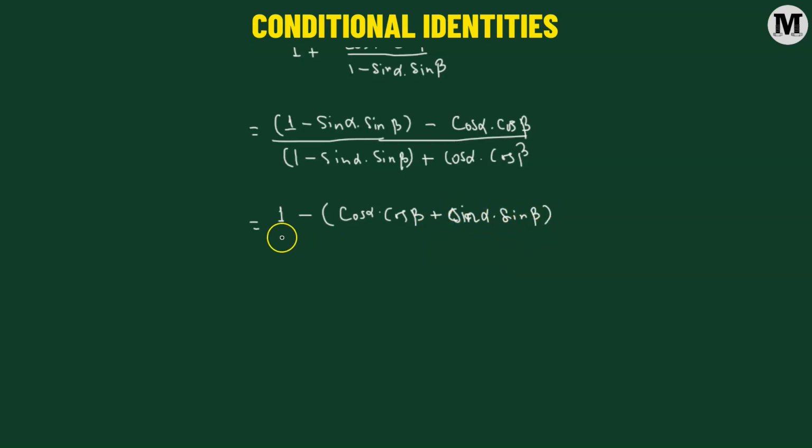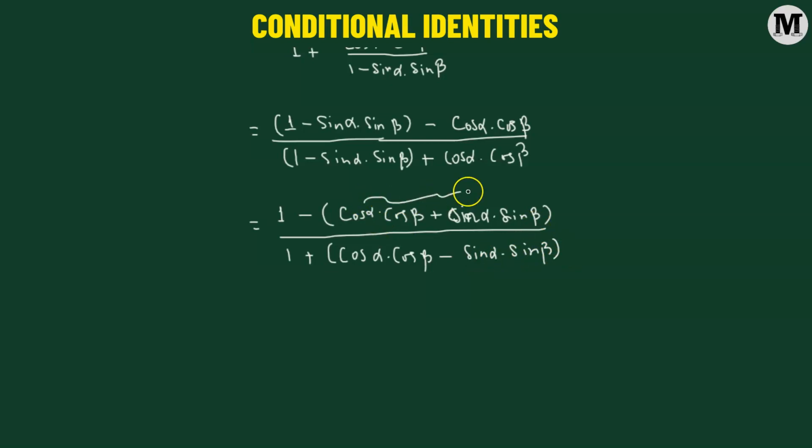And in the denominator we have 1 plus, taking positive as the common factor, cosine alpha times cosine beta minus sine alpha times sine beta. The reason we are writing it this way is that both of these are identities. So in the numerator we have 1 minus cosine of alpha minus beta, and in the denominator we have 1 plus cosine of alpha plus beta.